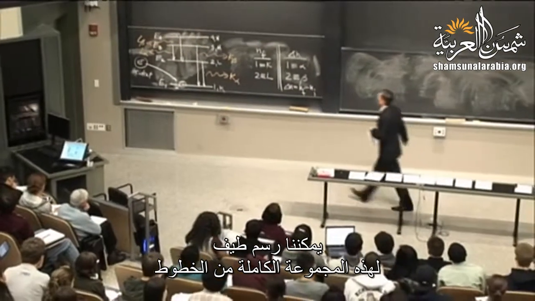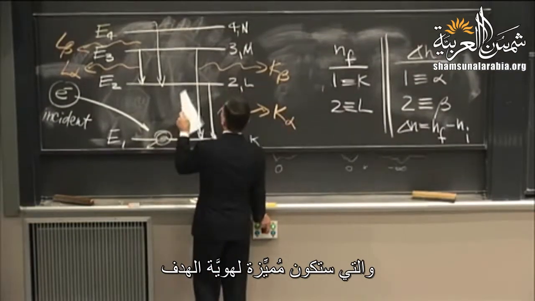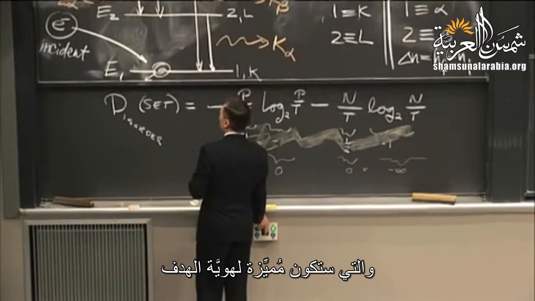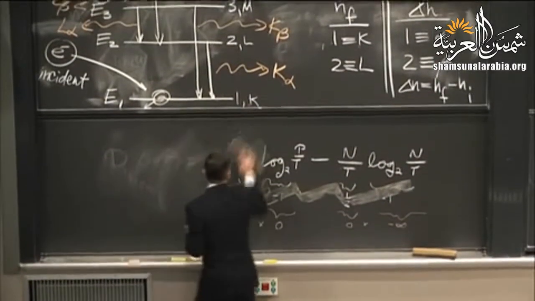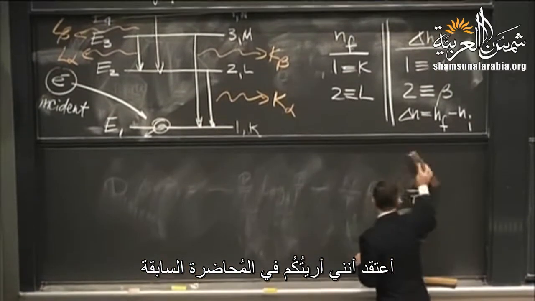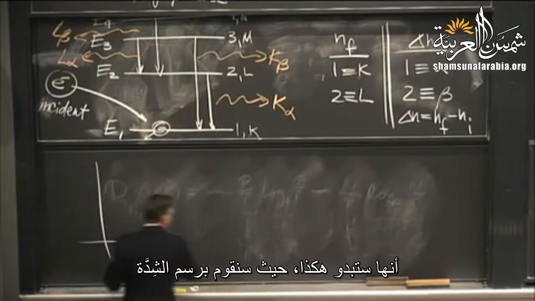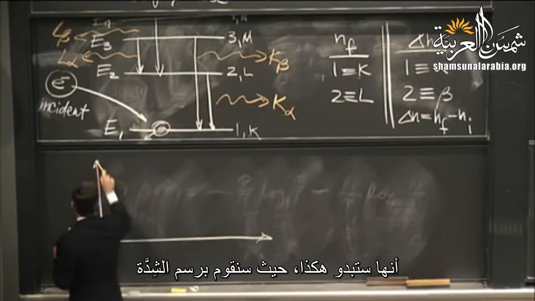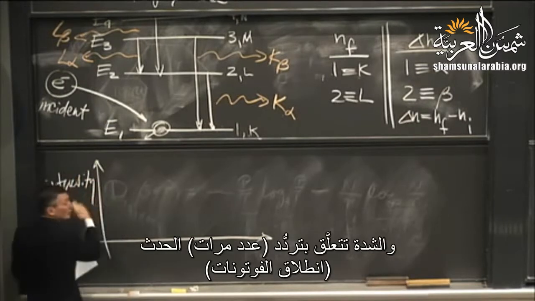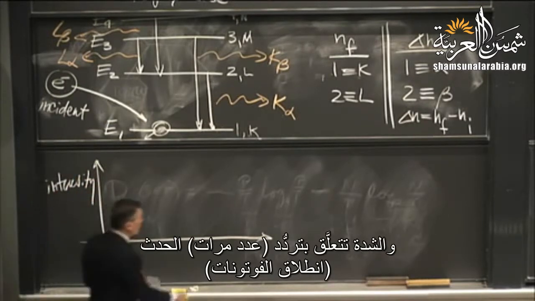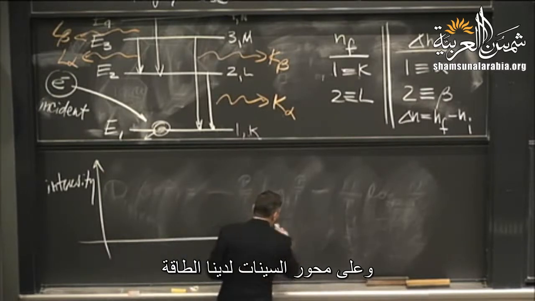You get a set of lines, and that set of lines looks like this. We can plot a spectrum of this entire set of lines, which will be characteristic of the identity of the target. I think I showed you last day that it's going to look like this, where we will plot intensity, and the intensity on a spectrum is related to the frequency of occurrence, and on the abscissa, we're going to have some kind of energy coordinate.